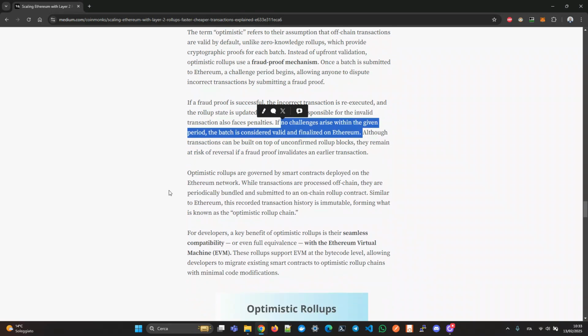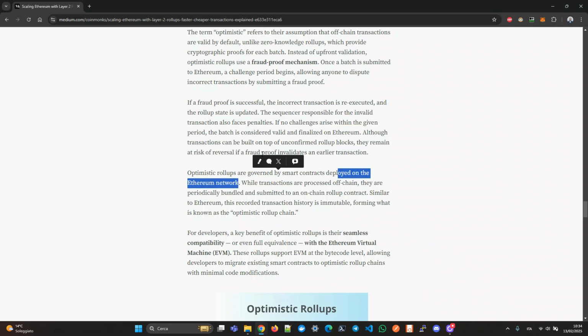Optimistic rollups are also governed by smart contracts deployed on Ethereum mainnet because, like in the zero knowledge rollups, we always need a smart contract on the layer one that allows this batch of transactions to be submitted to the layer one. So to communicate from the layer two to the layer one, we always need a smart contract that allows us to deploy this batch of transactions.